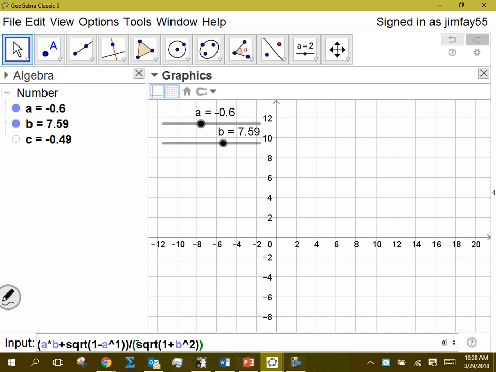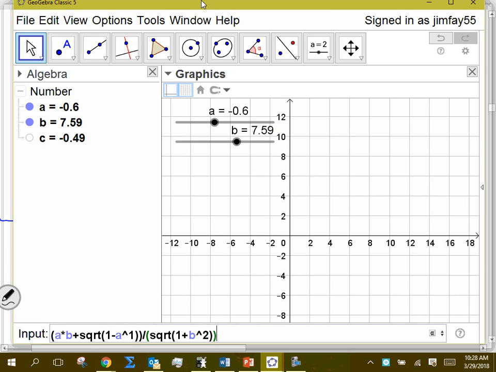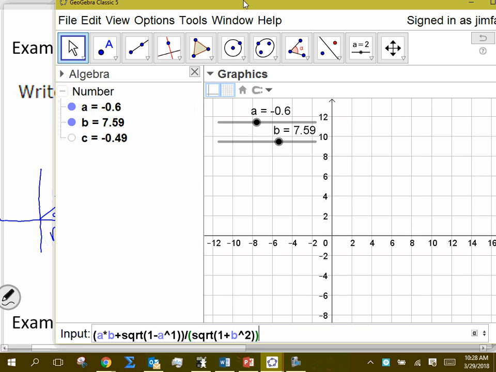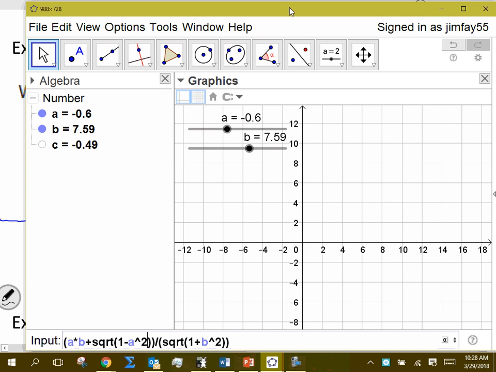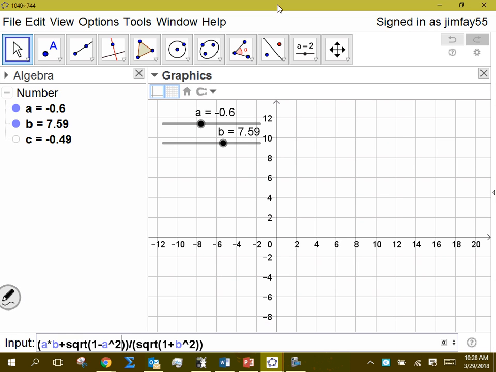I just want to double check real quick to make sure I got that correct. So ab plus the square root of 1 minus a squared, divided by the square root of 1 plus b squared. Okay, so I should hit enter, and it should give me the same number, negative 0.49, and there we go.